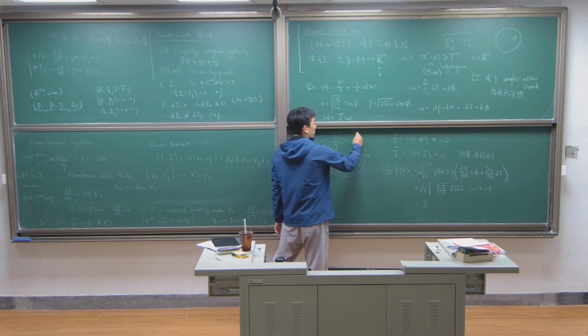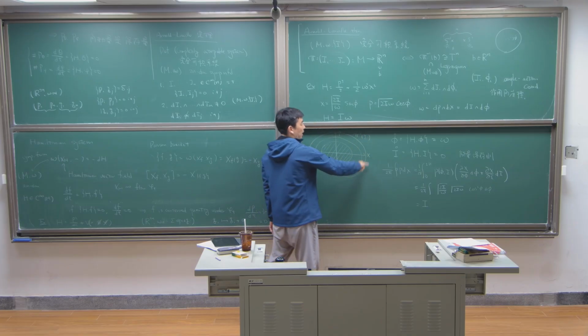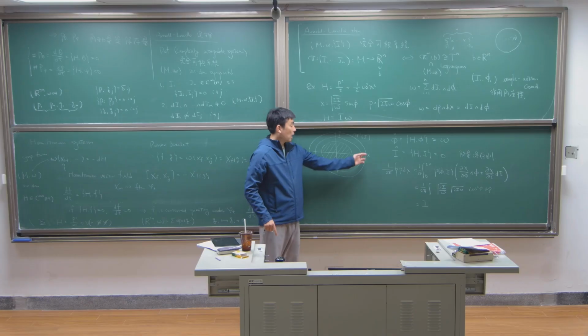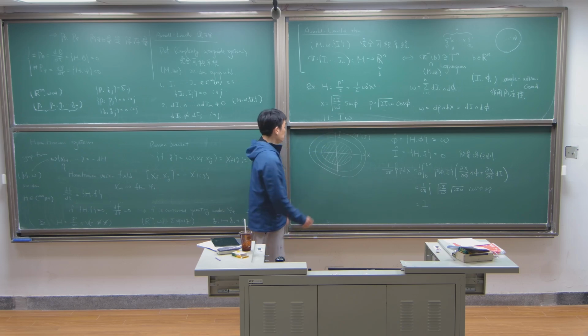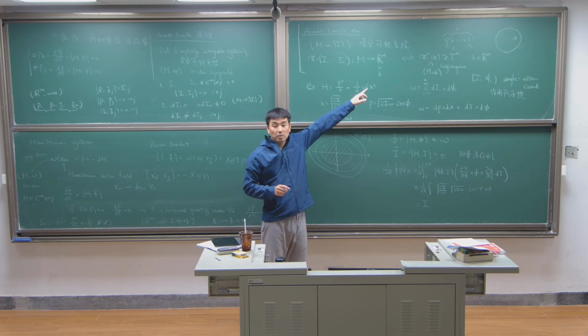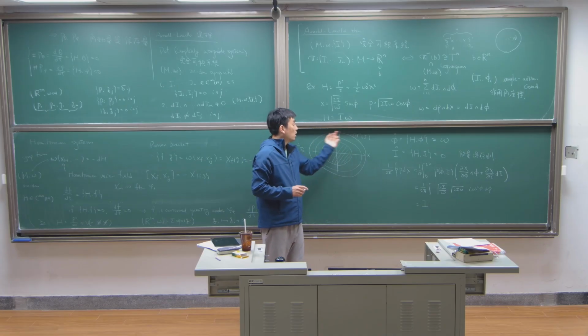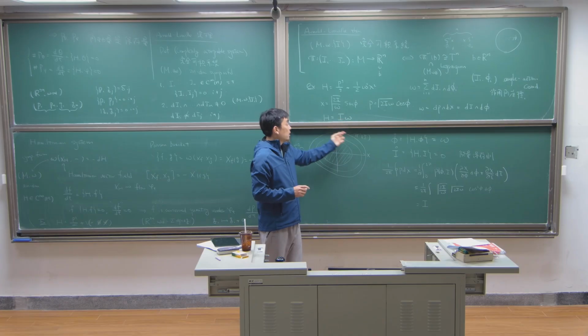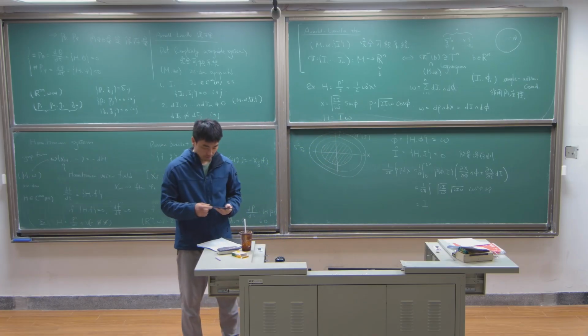This is π inverse of I. So I's level set is just this ellipse, diffeomorphic to S1. That's a statement of the Arnold-Liouville theorem: the level set of the Hamiltonian or I is diffeomorphic to S1.